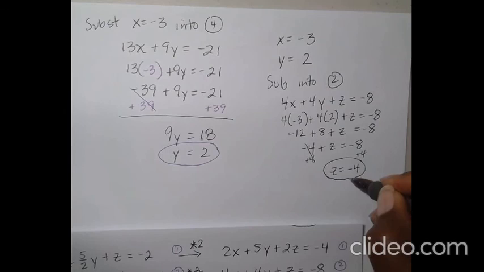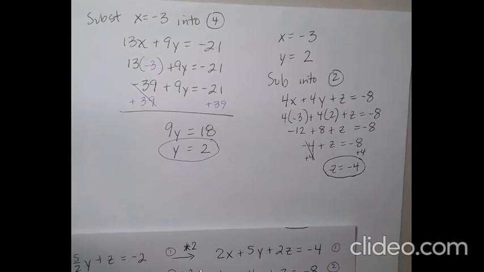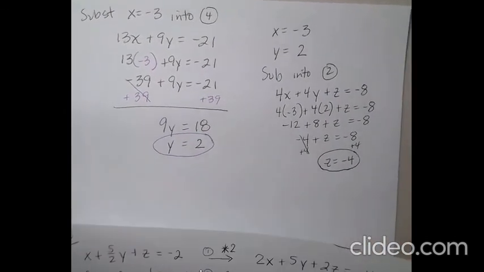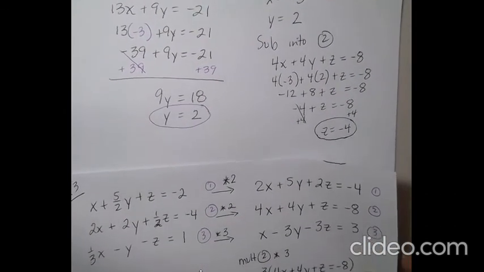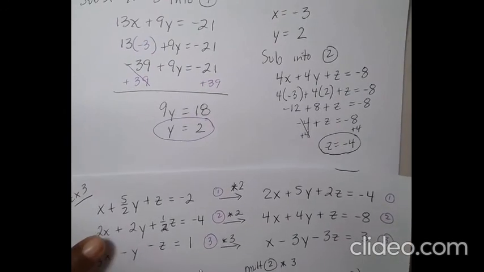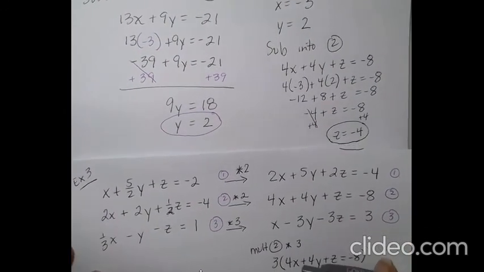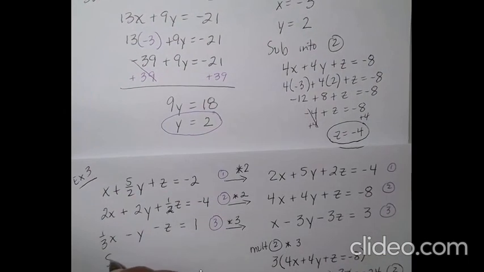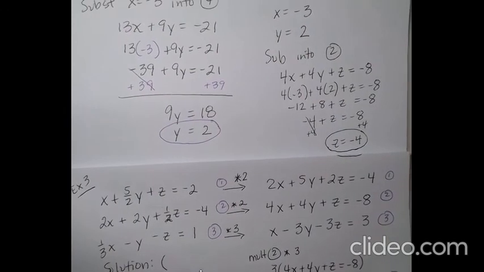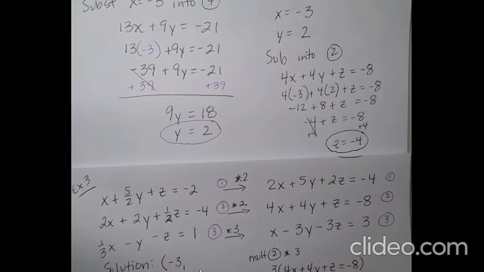Z equals -4. So our solution to these three equations, I want to keep this together. Our solution to these three equations, we have x, y, and z. I'm going to write it over here next to the equations. We have x equals -3, y equals 2, and z equals -4.